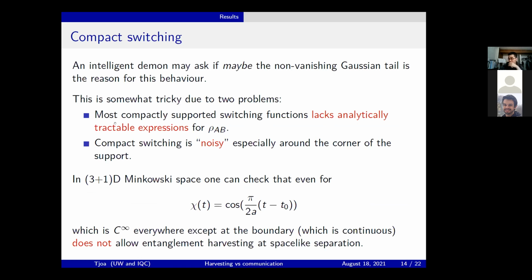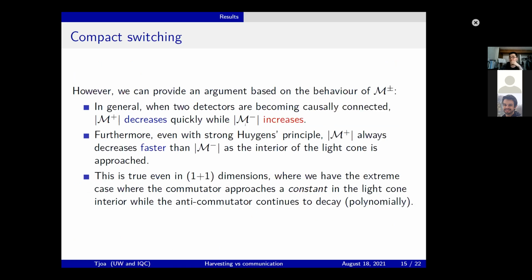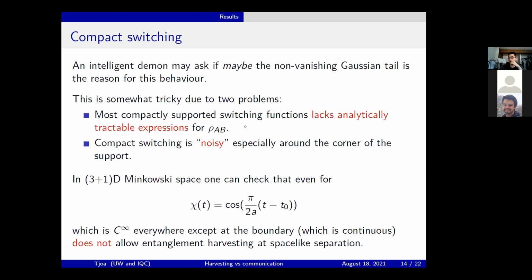So one reason is that most compactly supported functions lack analytically tractable expressions for rho_AB, which means that, contrary to what you might expect, it might actually be quite hard to even get reasonable answers in the regime of parameter space that you are interested in. For example, if you want omega, the energy gap, to be really big, then the lack of analytic expressions really makes things difficult.